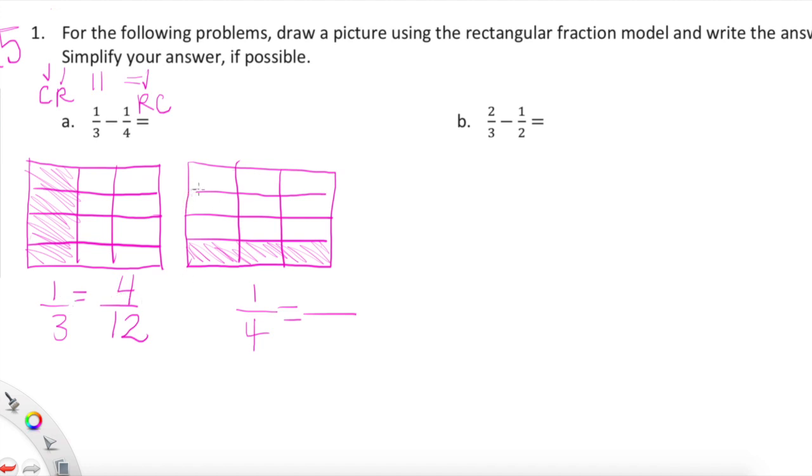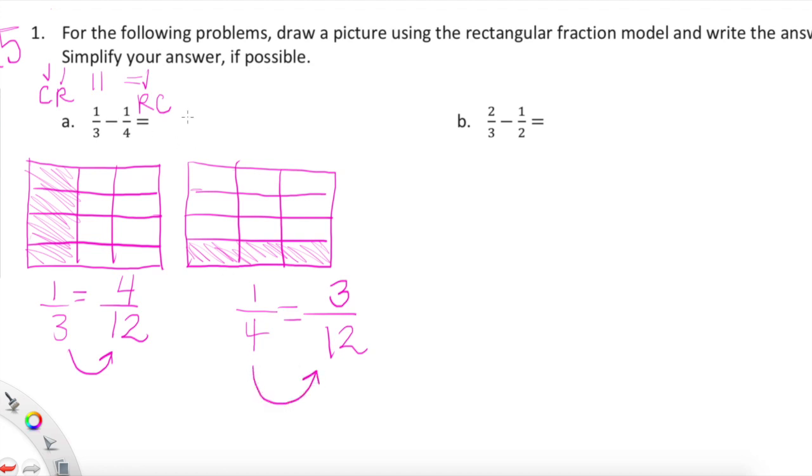Here, we've also divided this rectangle into 1, 2, 3, 4, 5, 6, 7, 8, 9, 10, 11, 12 boxes. No longer is 1/4 shaded. Now we have 1, 2, 3 shaded. So we've just shown that 1/3 is equal to 4/12. 1/4 is equal to 3/12.